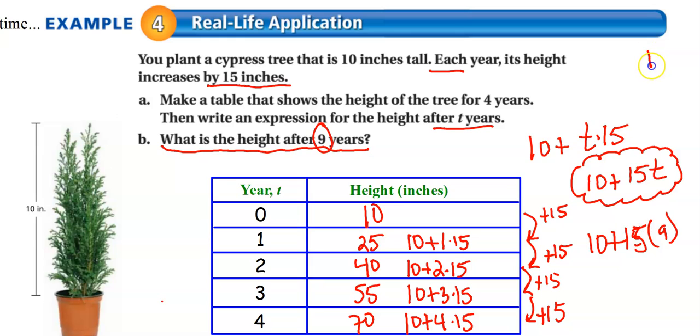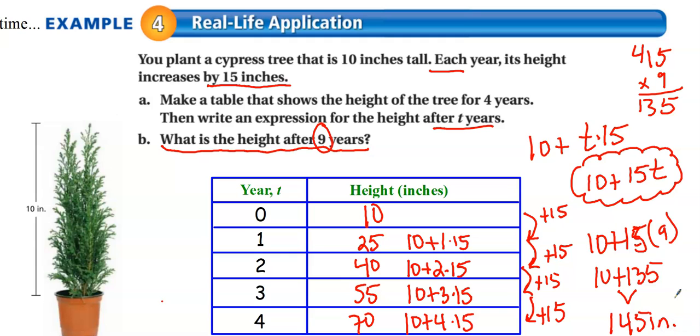So I don't know what 15 times 9 is, so I'm just going to go over here on the side and do the math. 9 times 5 is 45. 135. So 10 plus 135 is 145 inches.